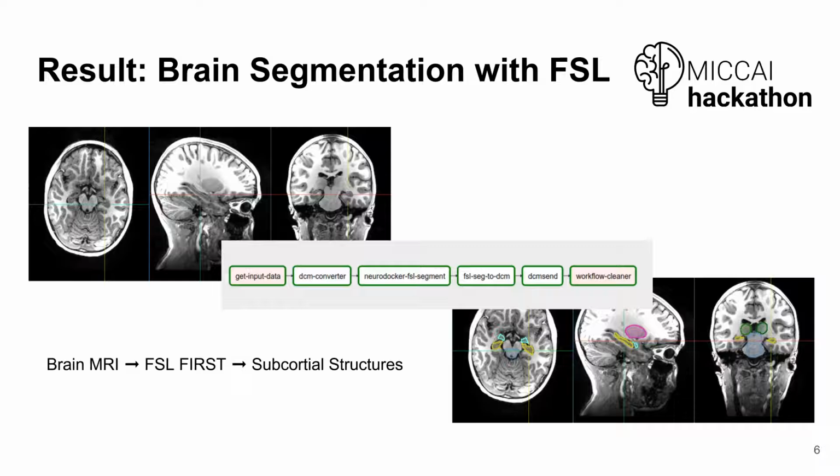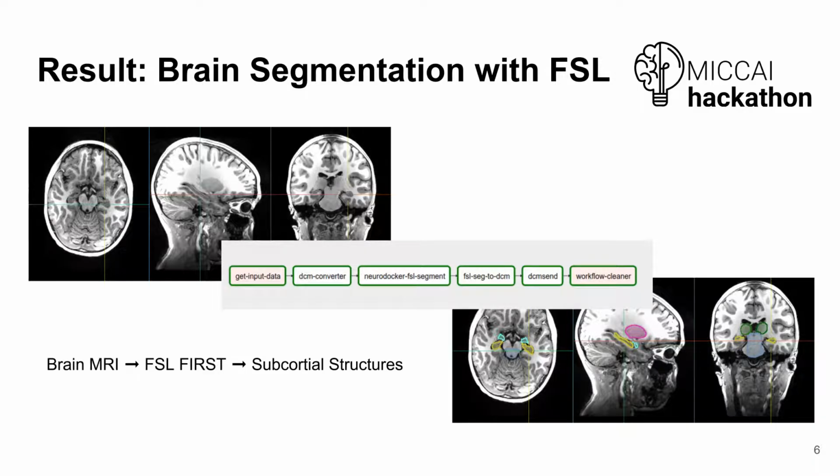FSL works in NIfTI and produces NIfTI segmentations, but in order to display them, you have to convert them back to DICOM. And Kaapana supports this for nnU-Net already, but since we are working on brain MRI, it didn't support these structures we were segmenting, like hippocampus or amygdala.